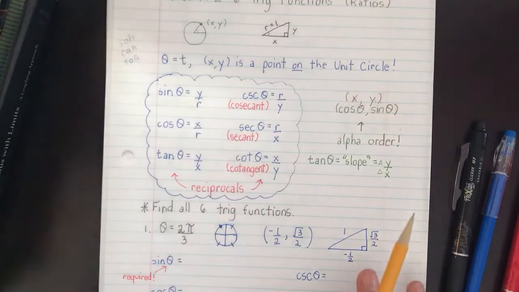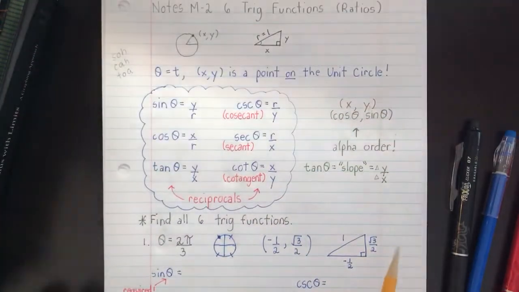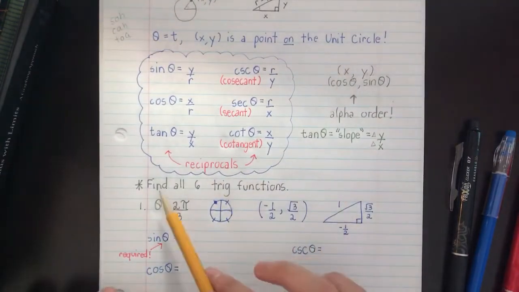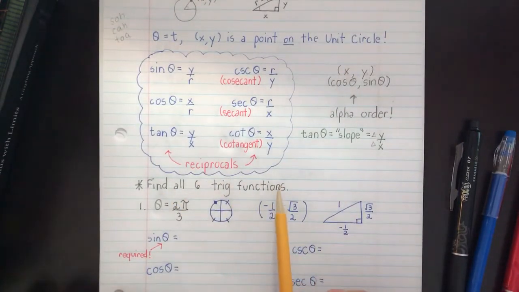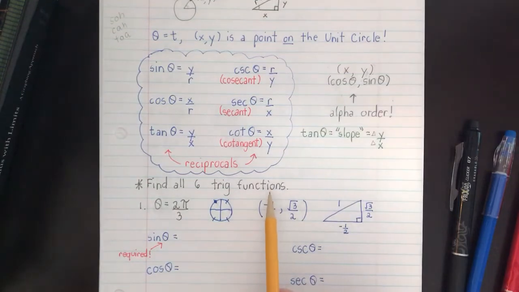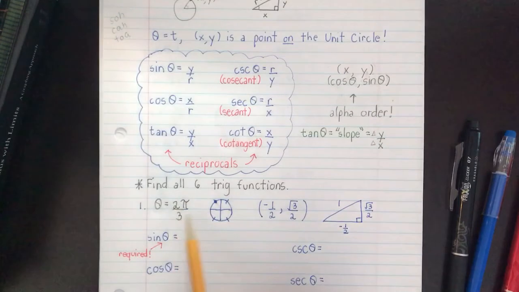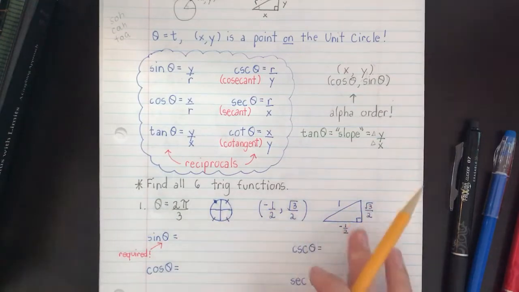Okay, so let's talk about how we use this in math. Find all 6 trig functions. If you're given theta is equal to 2 pi over 3, I've drawn this in already just to save time. You have to visualize where 2 pi over 3 is on the unit circle.